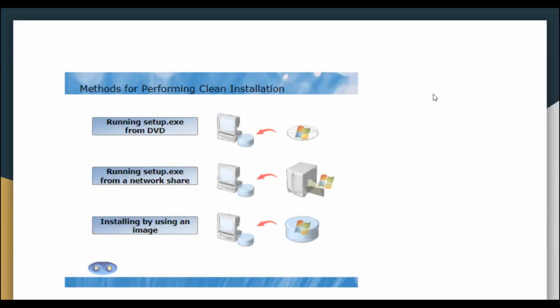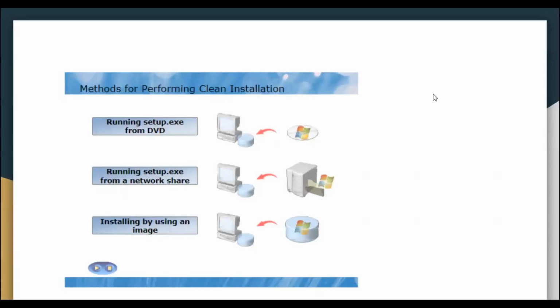Step 1, boot from the Windows 7 DVD or USB device. To begin the Windows 7 clean install process, you will need to boot from the Windows 7 DVD if you are using a Windows 7 DVD, or boot from a USB device if your Windows 7 installation files are located on a flash drive or other external USB drive.